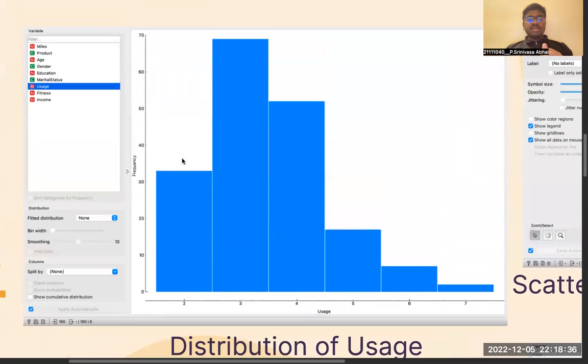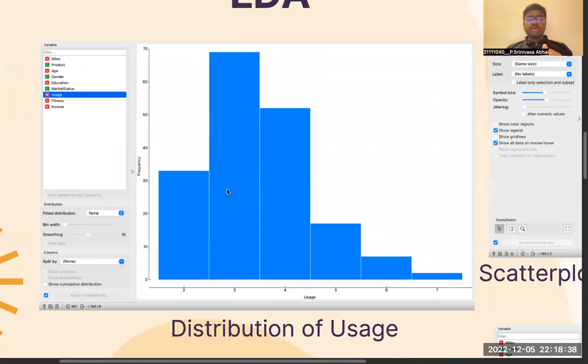This is the distribution of usage of the cardio product, rated from 1 to 7. The rating is high in the range of 3 to 4, so many people rated it 3 and 4. The frequency is high, almost 70 for a rating of 3 and almost 50 to 55 for a rating of 4.